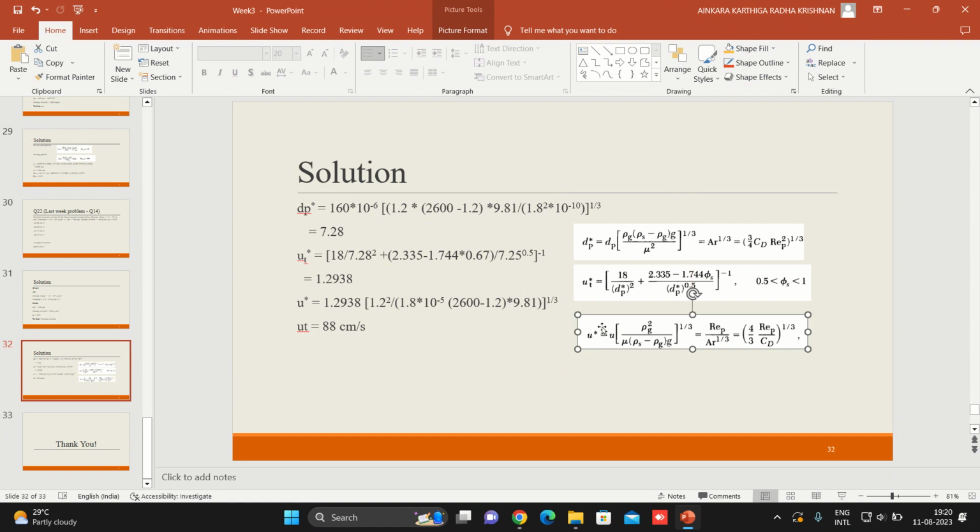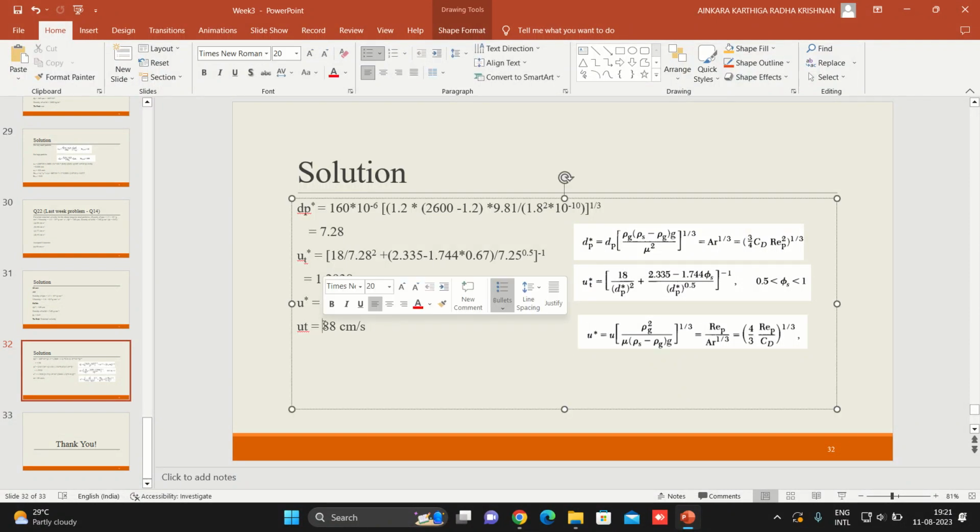From this calculation we are getting U as 87.92 centimeter per second.